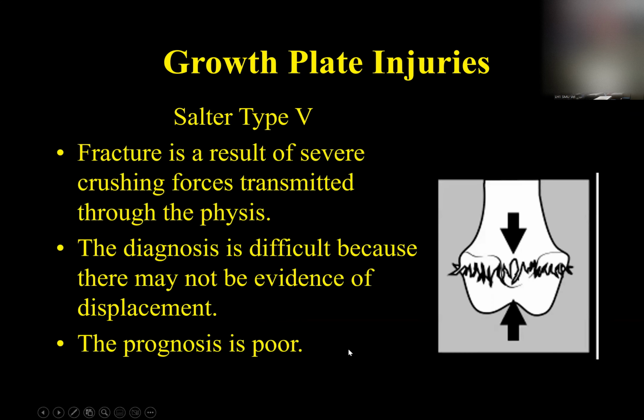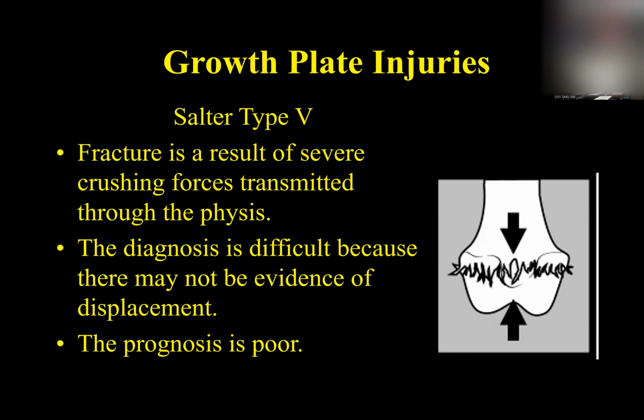The last Salter-Harris type fracture is very similar to a 1. It goes just through the growth plate, but now we have such trauma that it actually grinds the two edges of the fracture together, which destroys the osteogenic properties of that portion of the growth plate, and that bone will continue to not ever grow.